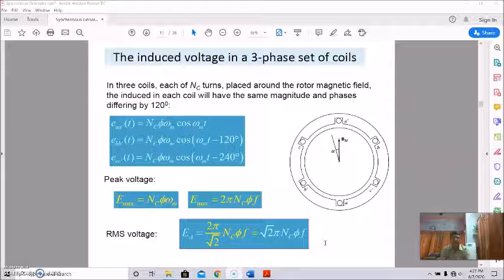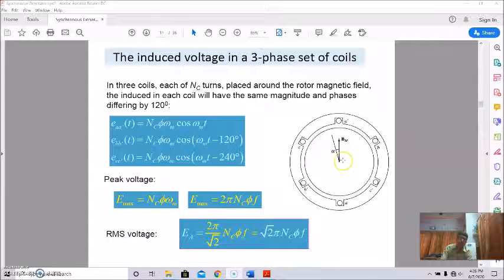that if there are three coils of NC turns each placed around the rotor magnetic field, the EMF voltage induced in each coil will have the same magnitude, with phases differing by 120 degrees.